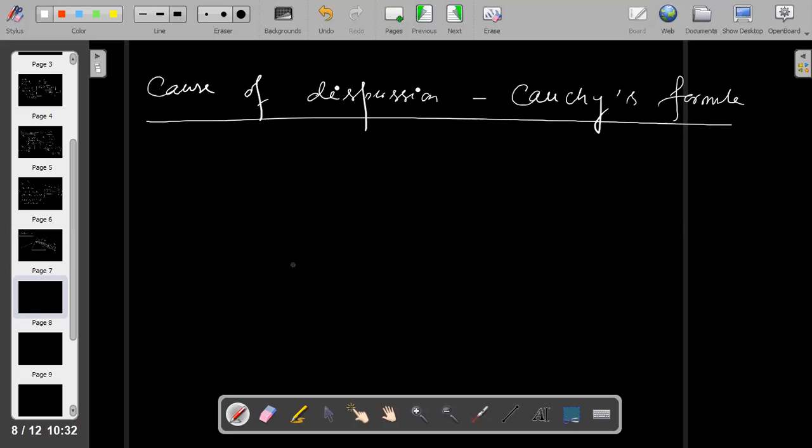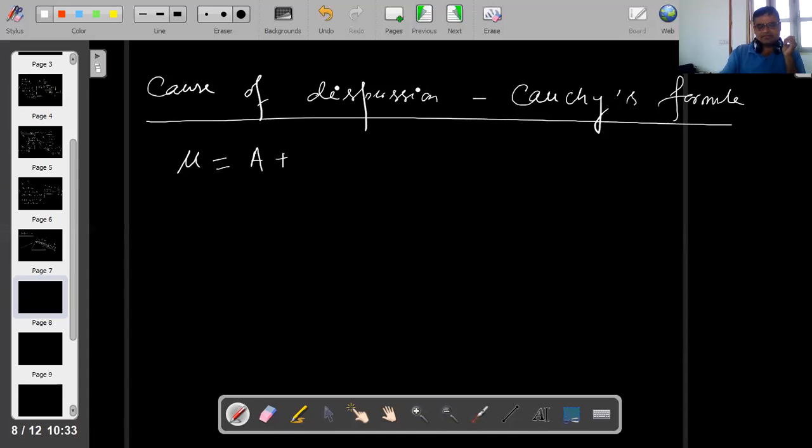According to this formula, the relation between refractive index and wavelength of light is given by mu is equal to a plus b by lambda squared plus c by lambda to the fourth, and so on.